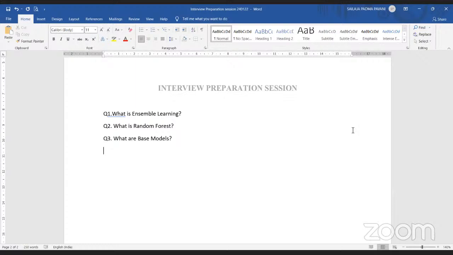My next question is, how can you relate random forest to decision tree?